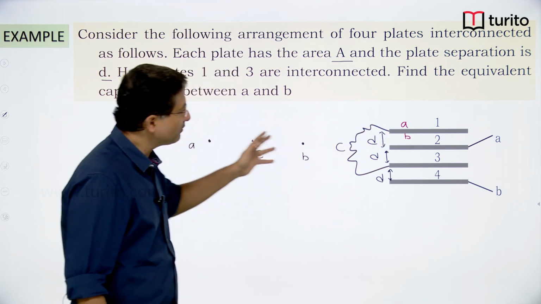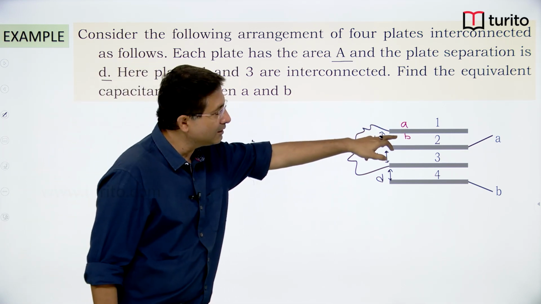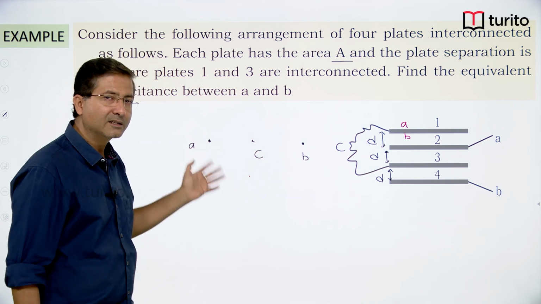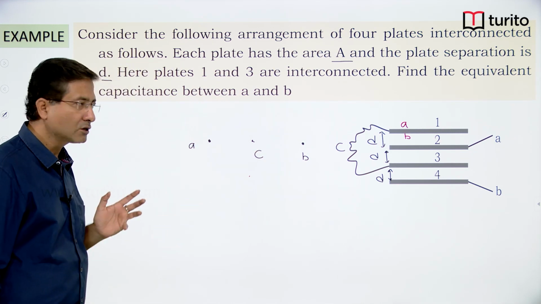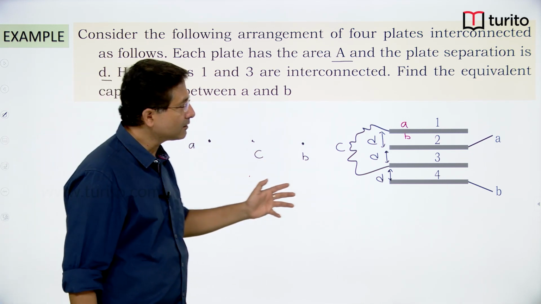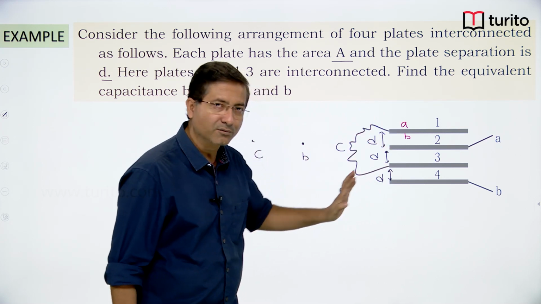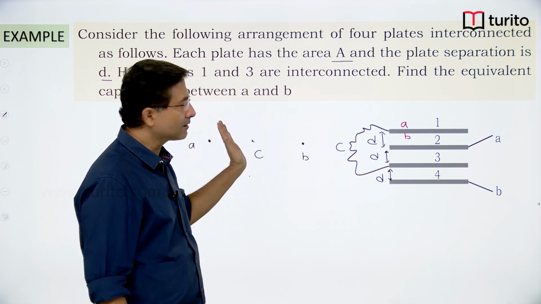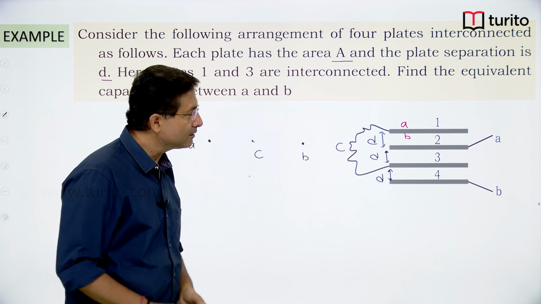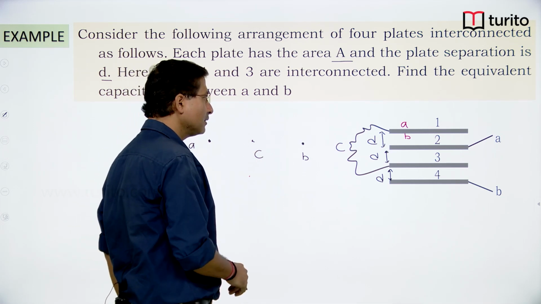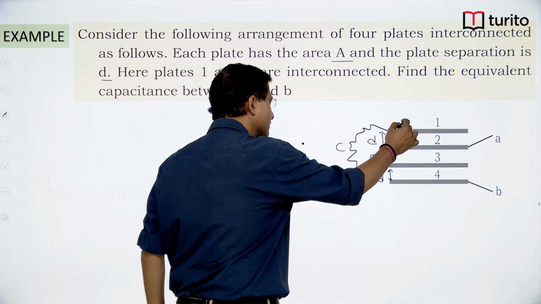If you just simplify the circuit, again you have to see which surface is where, and it takes longer. So just to reduce the time, start from naming the surfaces itself and then connect them between the given terminals, right.